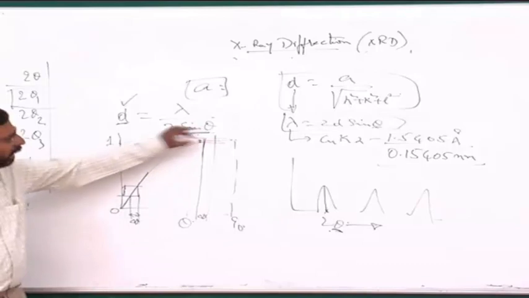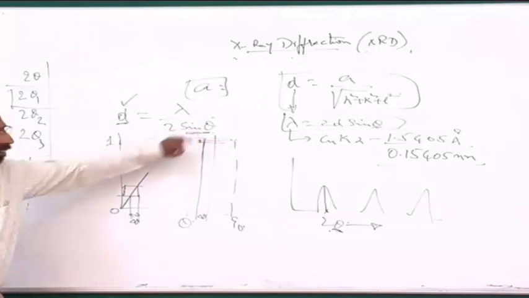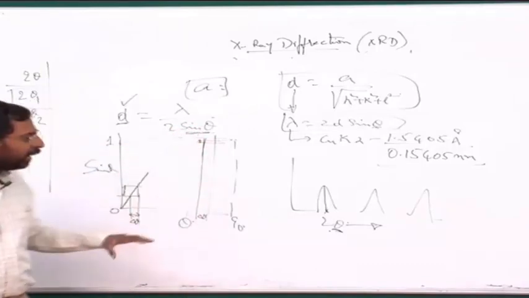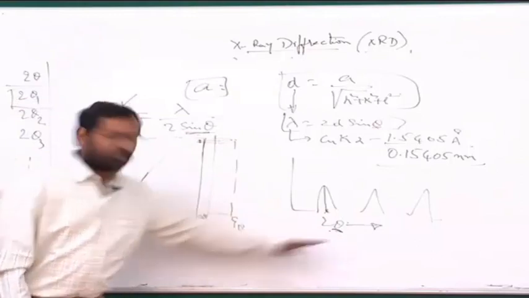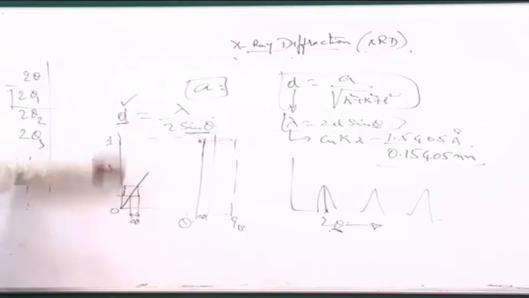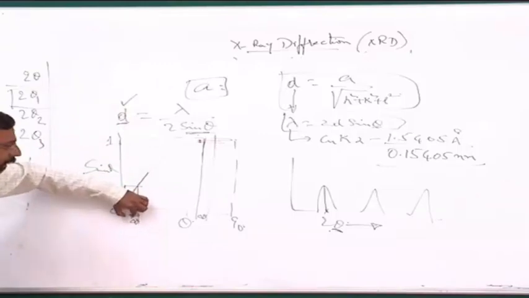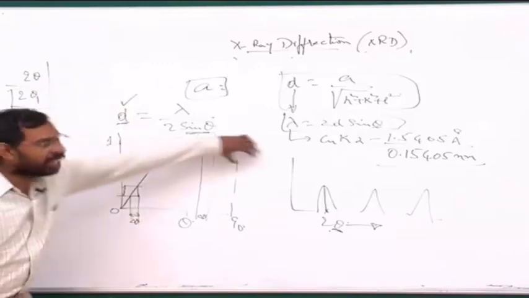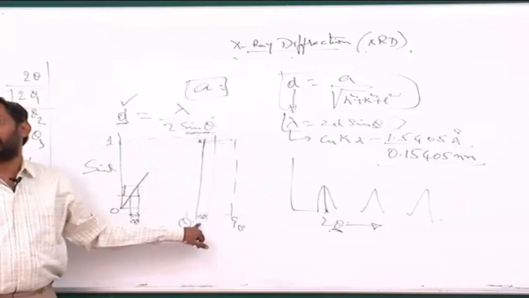So the error in sine theta is not linearly related to the error in theta. At lower angles, the error in sine theta is more for a given error in theta, whereas at higher angles this is not the case.